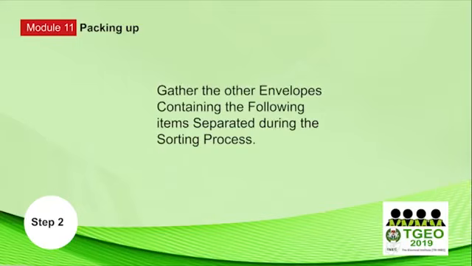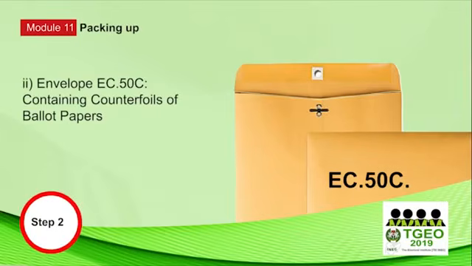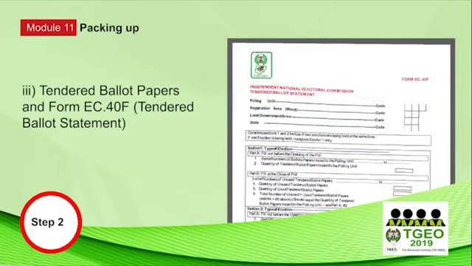Step 2. Gather the other envelopes containing the following items separated during the sorting process. 1. Envelope EC50A, containing unused ballot papers. 2. Envelope EC50C containing counterfoils of ballot papers. 3. Tendered ballot papers and Form EC40F, tendered ballot statement.